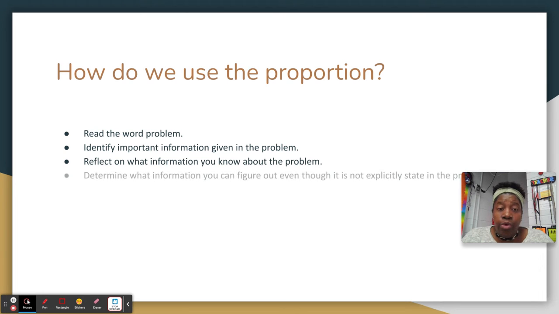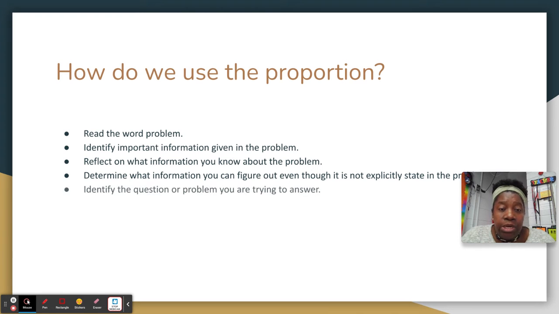And then you're going to determine information that you can figure out, even though the problem doesn't explicitly tell you this. This is what's very important about working with percent proportions anyway. You've got to make sure that there's missing information. Can you figure that out on your own?